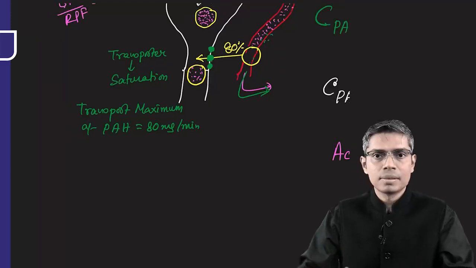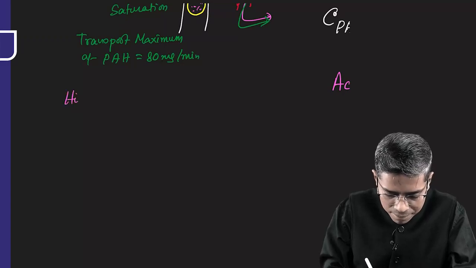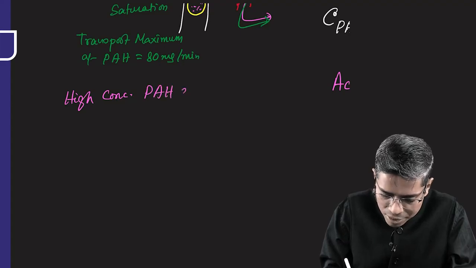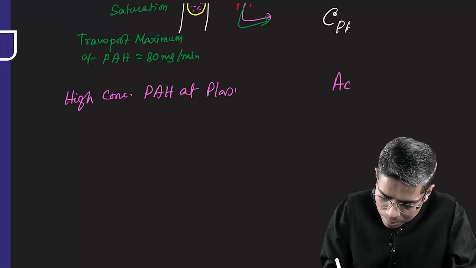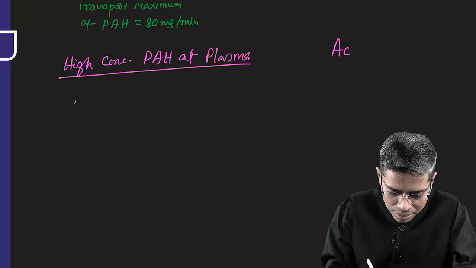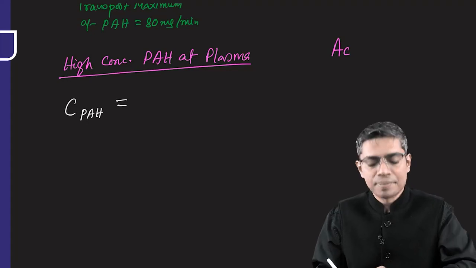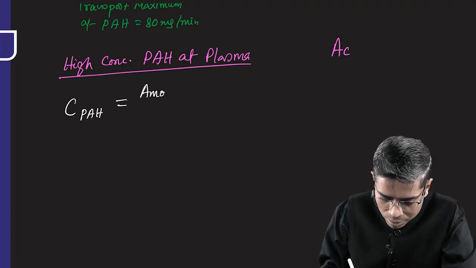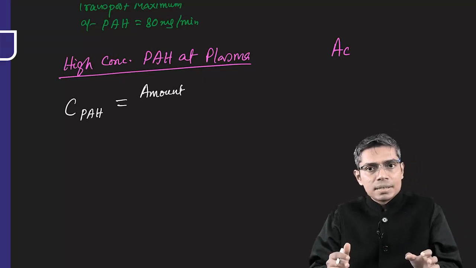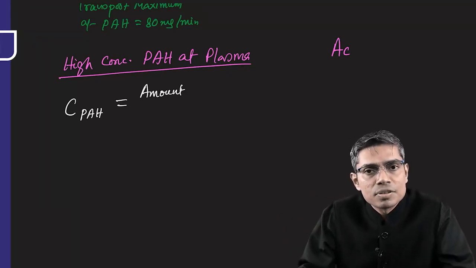So, when the concentration of PAH at the level of plasma is very, very high, and you measure the clearance of PAH, what will happen? The amount which you measure at the level of urine, do you think that amount will be increased proportionally whenever you increase the PAH concentration in the plasma?